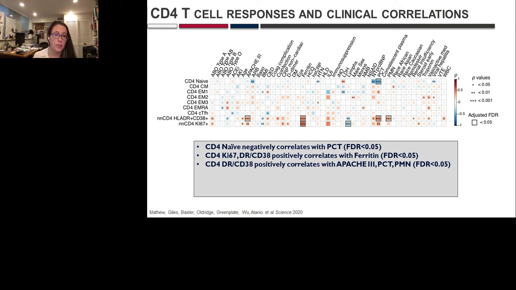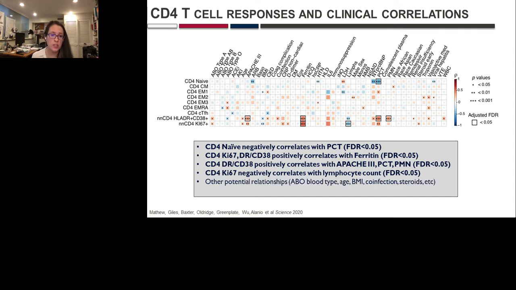The activated subset, but not the proliferating subset, was correlated with APACHE3, which is basically a measure of multi-system organ dysfunction. And then the proliferating subset also negatively correlated with the total lymphocyte count.